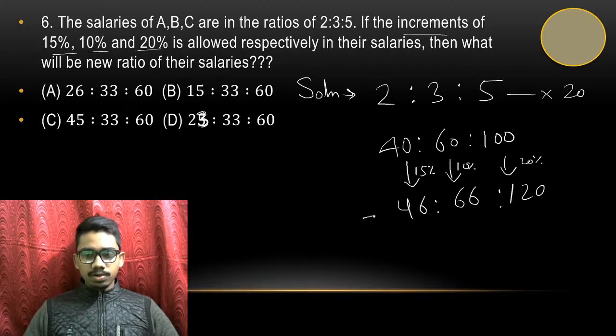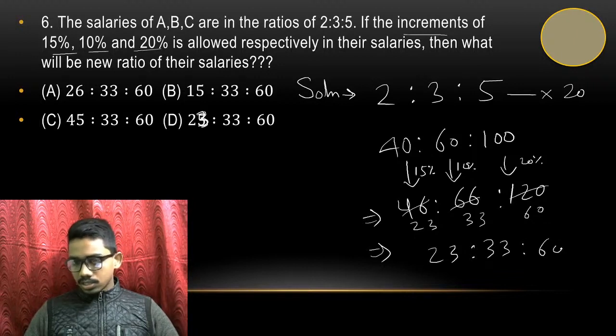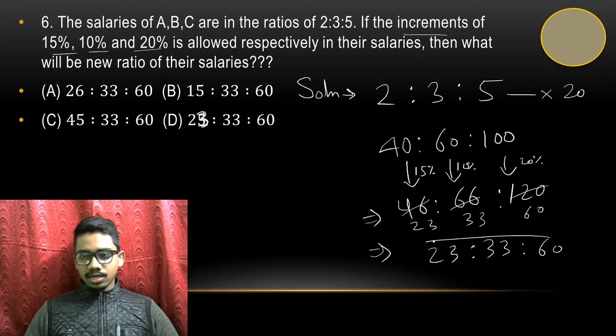You can simplify this by cancelling by 2. 2 2s are 2 3s are 2 3 3, and 2 6s are 60. So 23 ratio 33 ratio 60 you will get as the correct answer to this question.